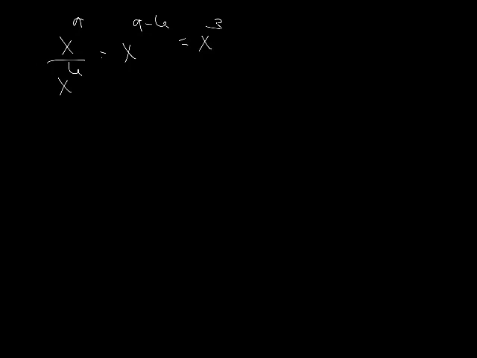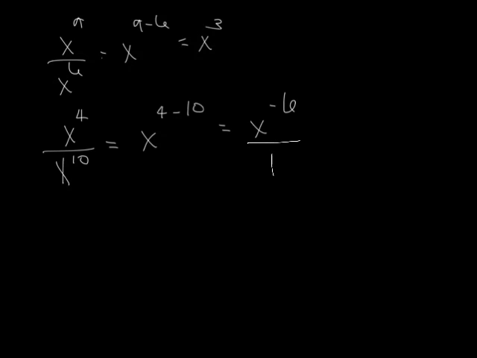When I have something like x to the 4th over x to the 10th, that equals x to the 4 minus 10, which equals x to the negative 6th. And again, what that negative sign means right here is that the x and the 6 are in the wrong place, because that can be written like that. It means that it shouldn't be on top, it should be on the bottom, and then we can take the negative sign off. So our answer then is that right there.